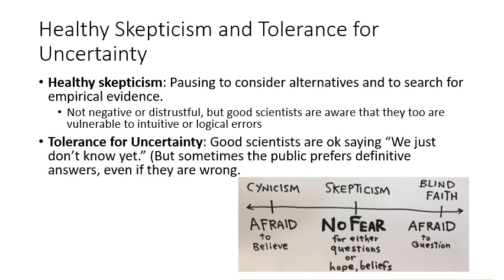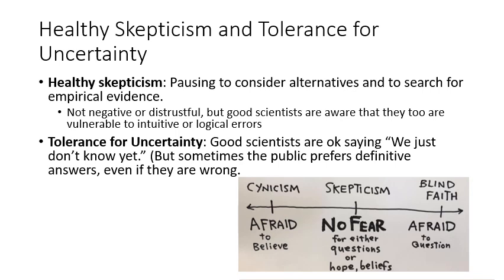And secondly, tolerance for uncertainty. So this is something that scientists need because we very often can't get the answers to our questions. Good scientists will be okay saying, we just don't know yet. We don't have the answer to this question yet. We don't have a way to measure that yet.